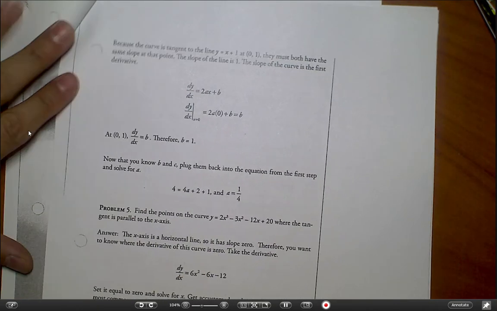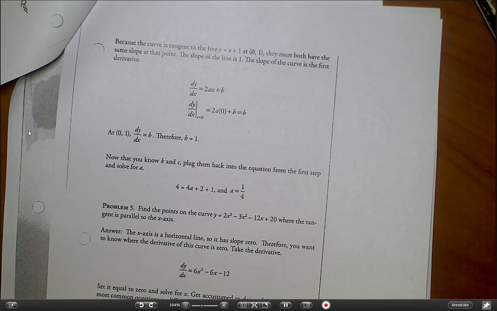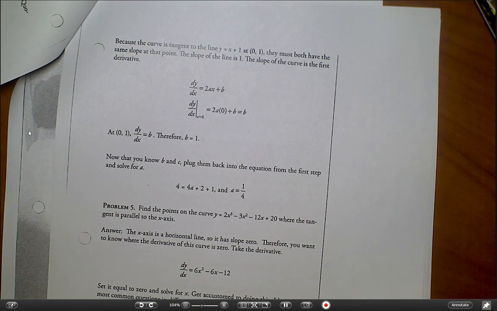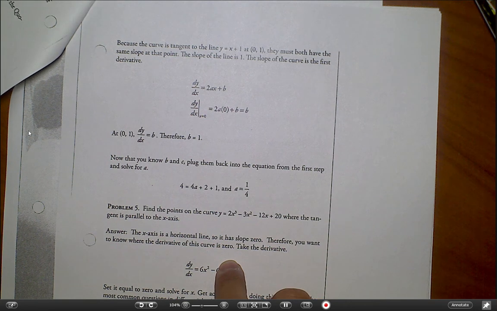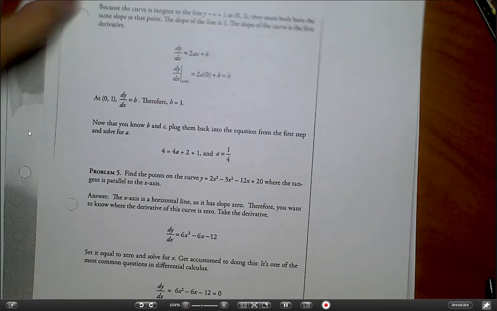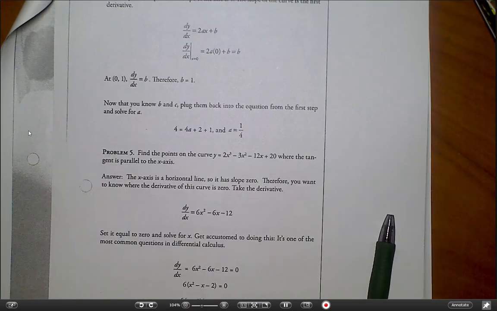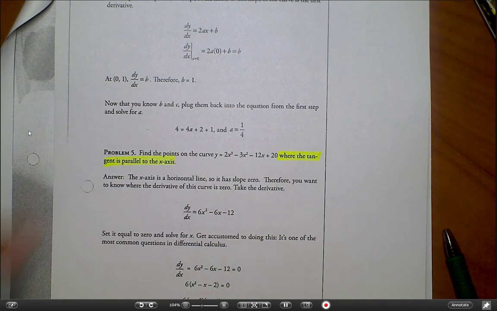The next one that we had was parallel. Okay, so yes, right here it is. It says where the tangent is parallel to the x-axis.